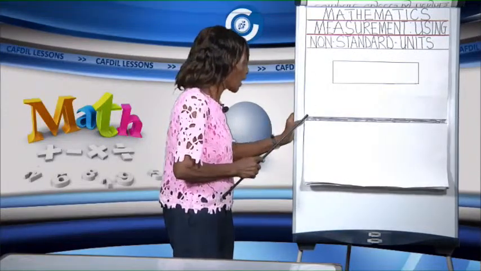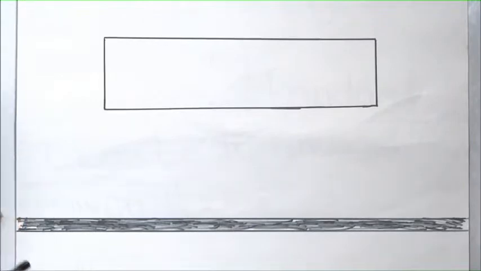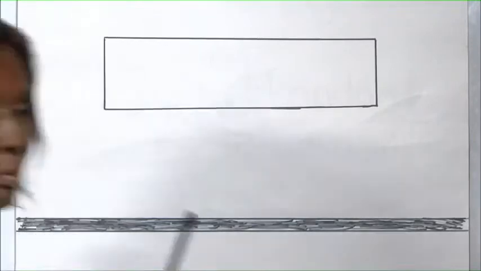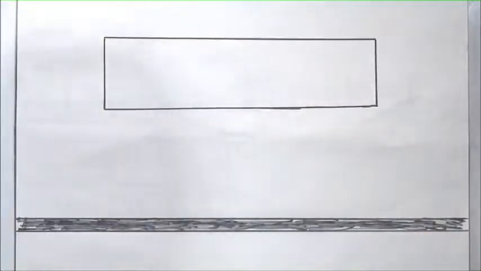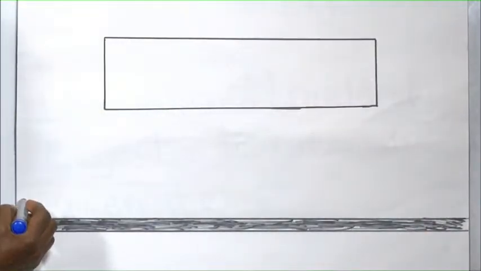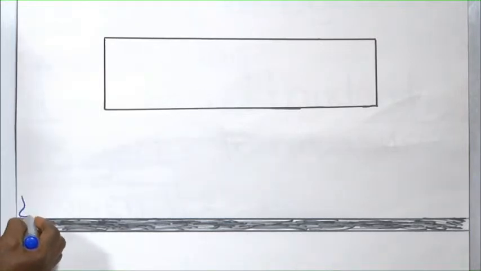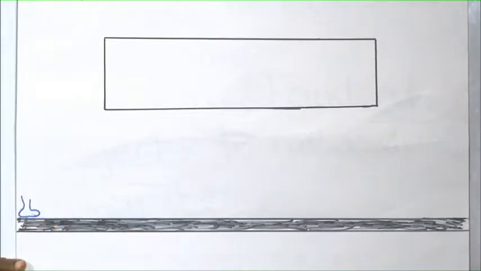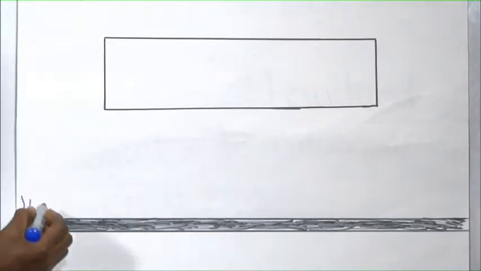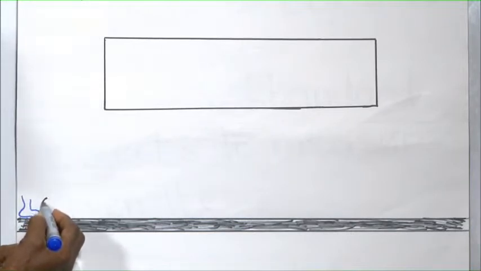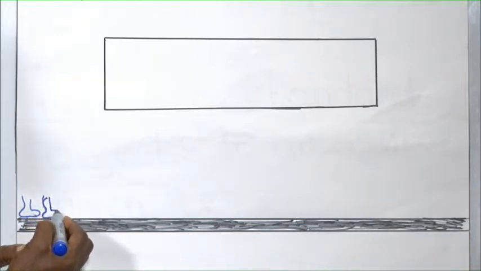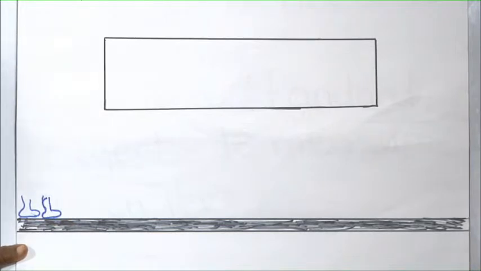So Kofi stands here. Have you seen? That is Kofi's first foot. He joins the next foot. So it's left, right.